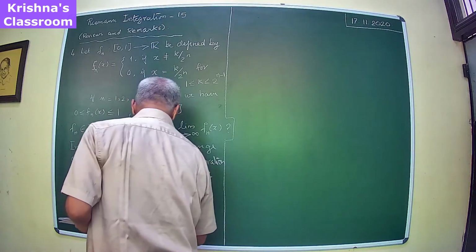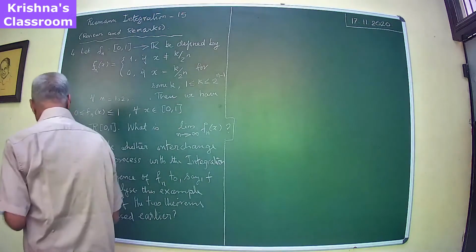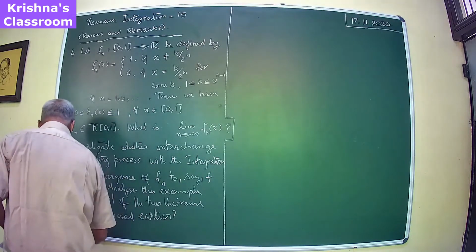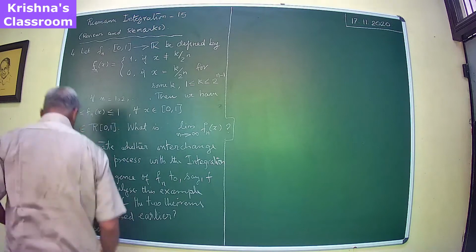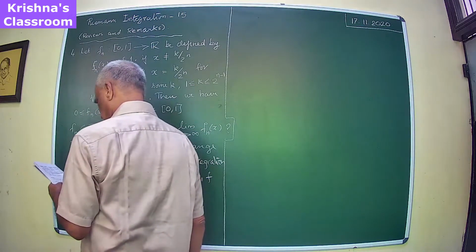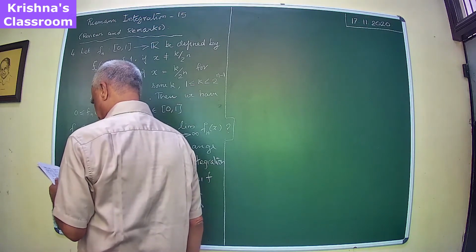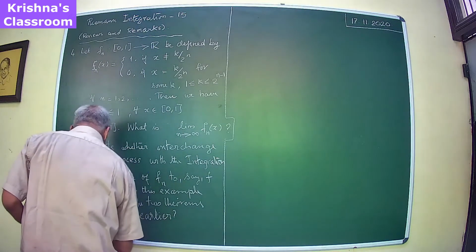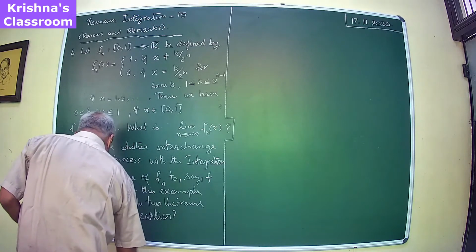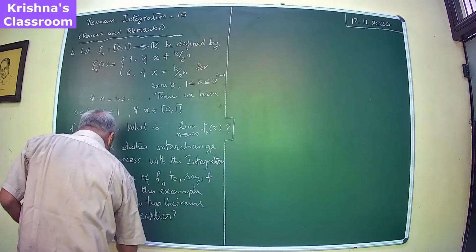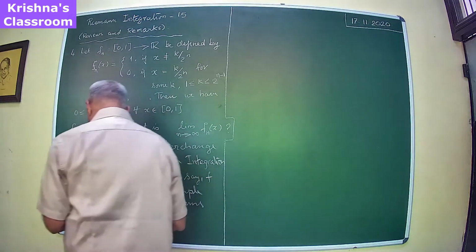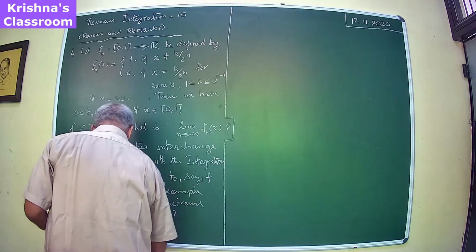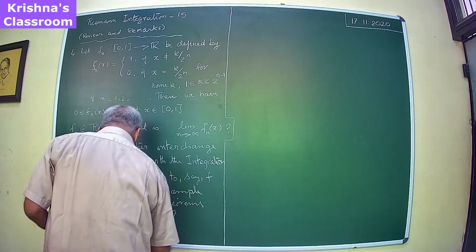In fact, one of the little things is the set k by 2 to the power n, k from 1 to 2 to the power n minus 1.